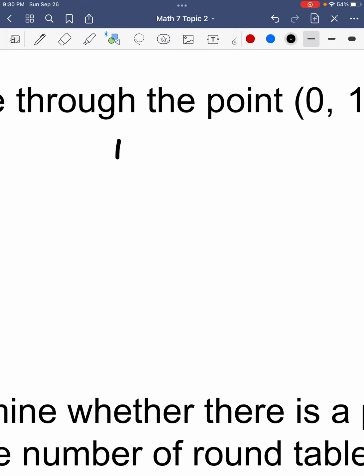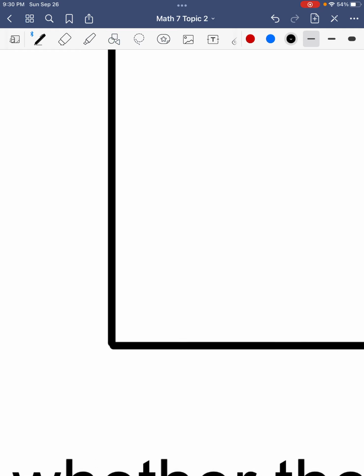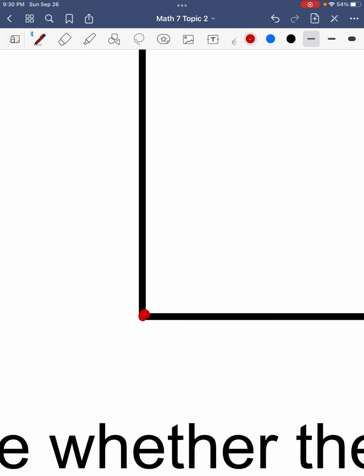We don't need to draw anything big, but here we have, and I'm going to line that up a little bit better, our x-axis and our y-axis. And we know that our origin is that point right there. That's the point (0, 0).